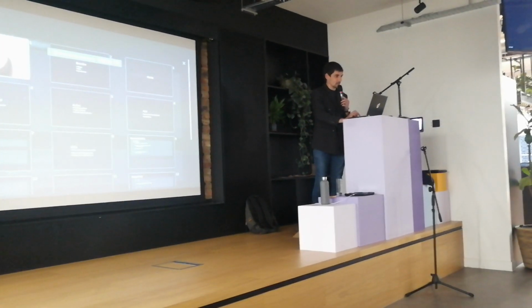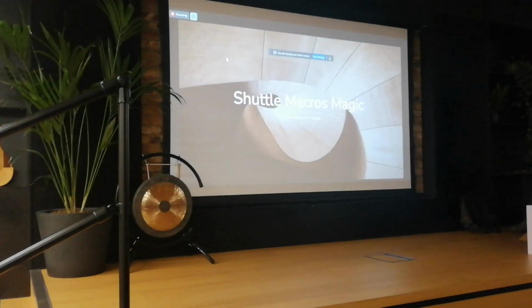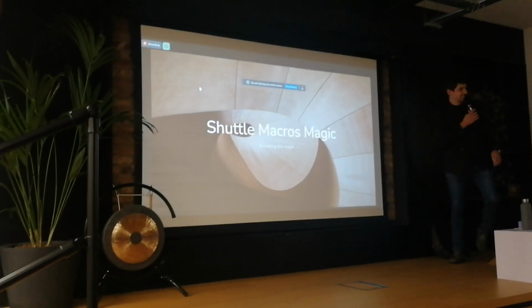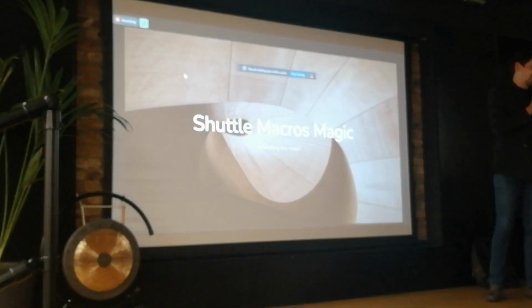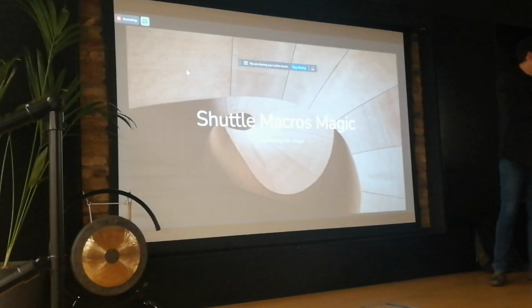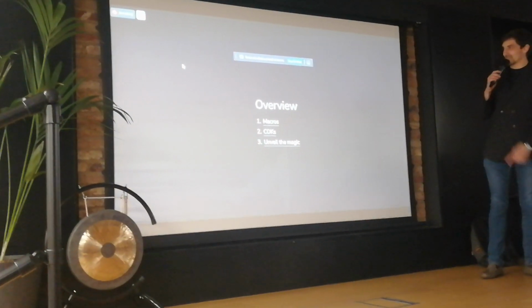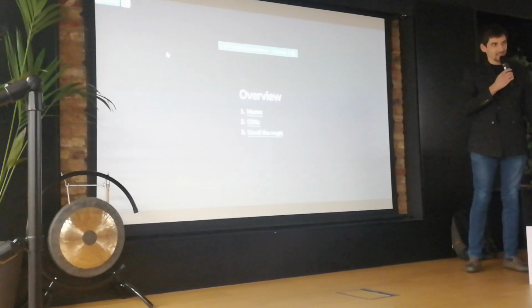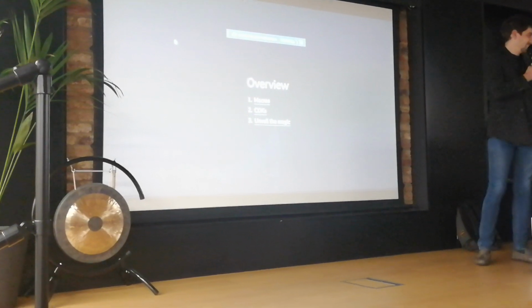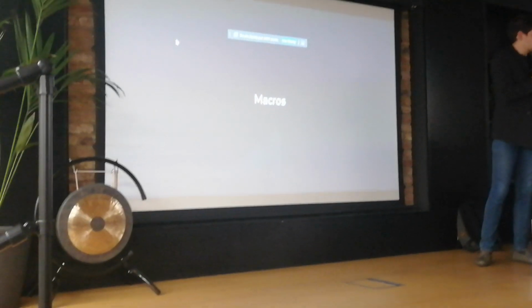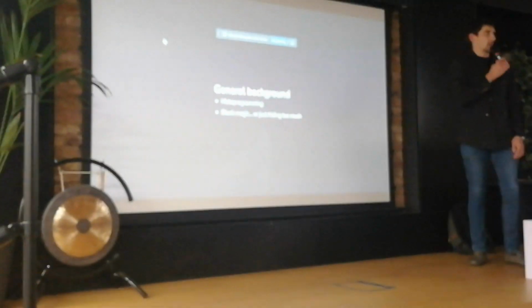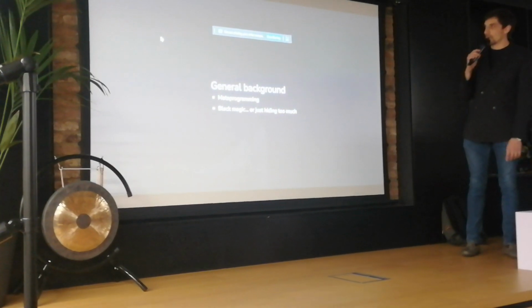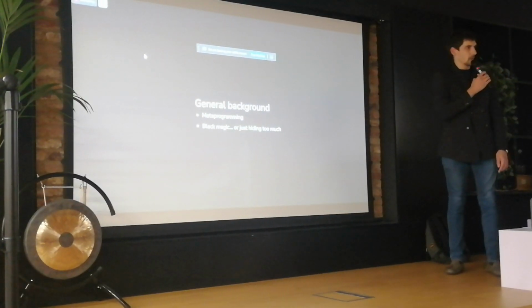So I can go back to the start, like any good movie. And I want to cover 3 things: macros, CDKs, and unveiling the magic. So for macros, for those of you who don't know what macros are, they fall under a branch called metaprogramming.